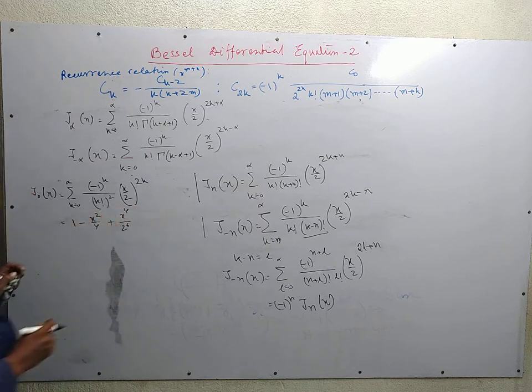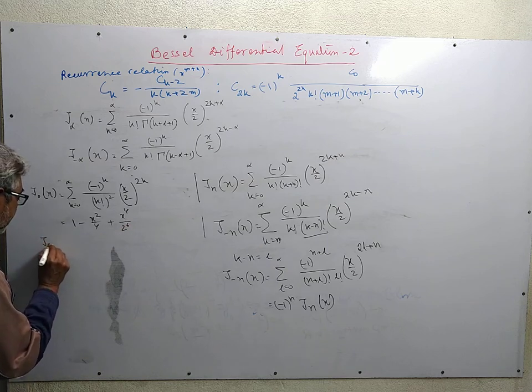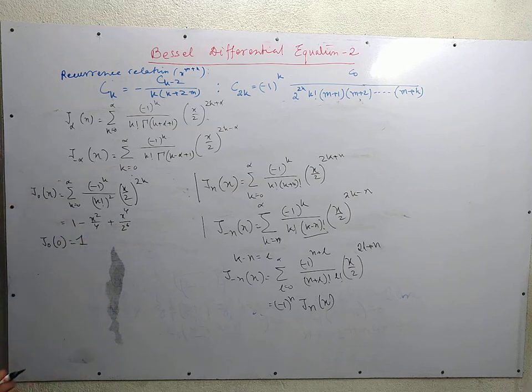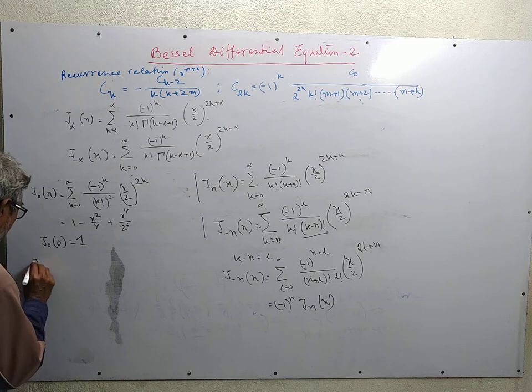And this continues. If we put x is equal to 0, it is 1. So J0 of 0 is 1. Now we calculate another one, J1 of x.